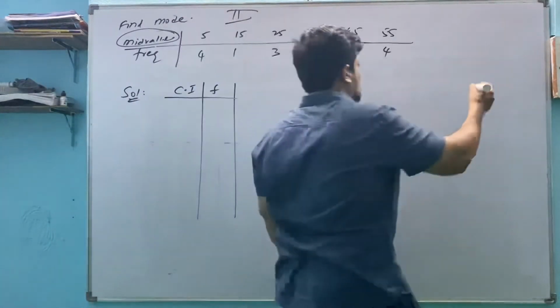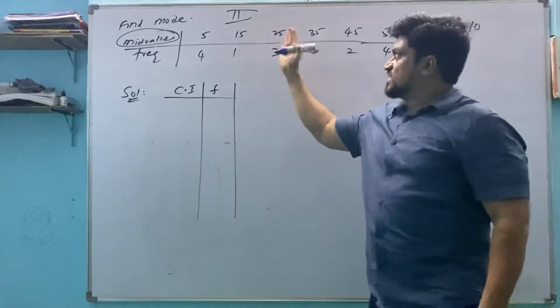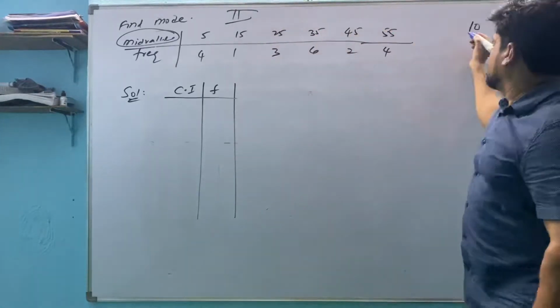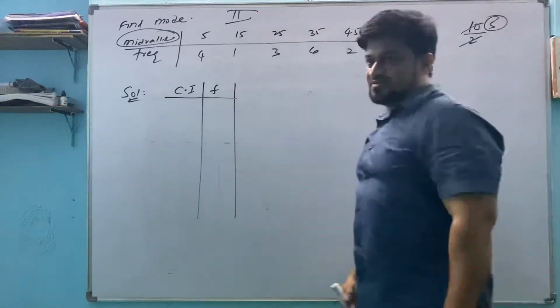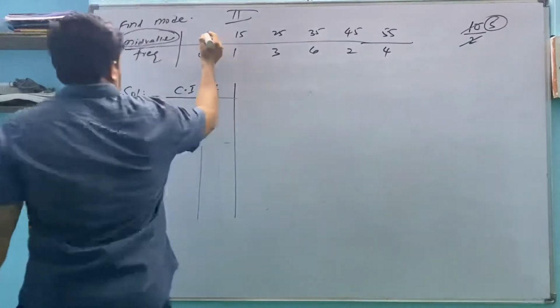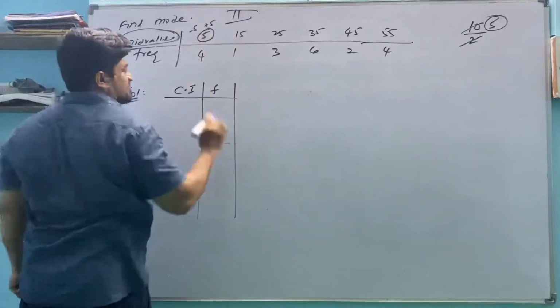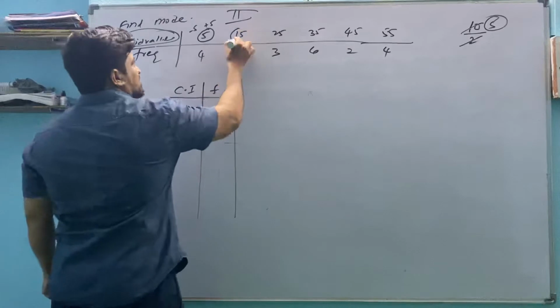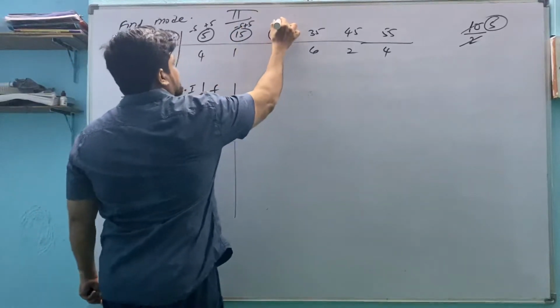Difference is 10: 15 minus 5, 25 minus 15. Divided by 2, we got 5. So for each value, subtract 5 and add 5.